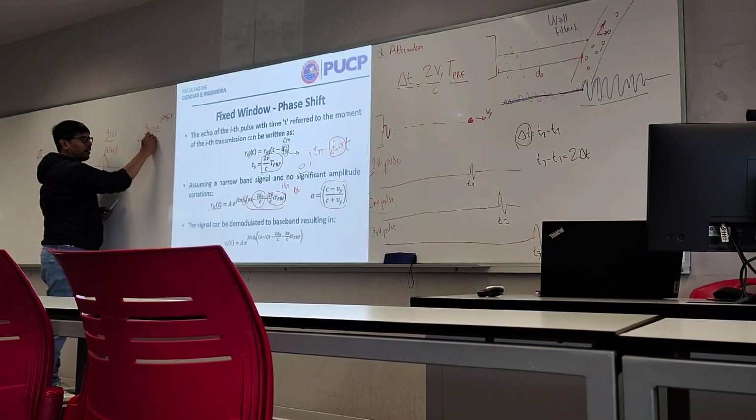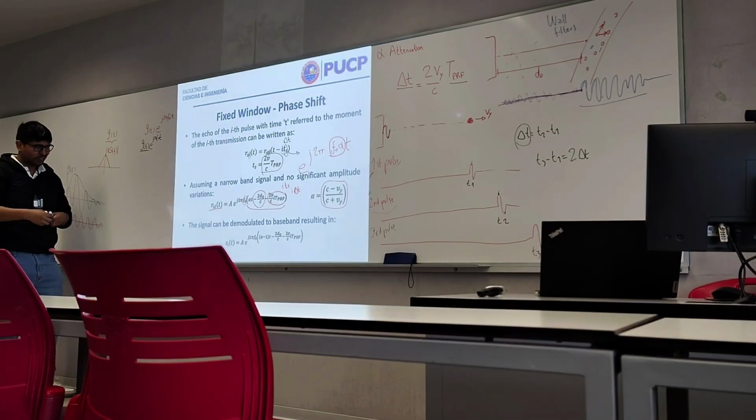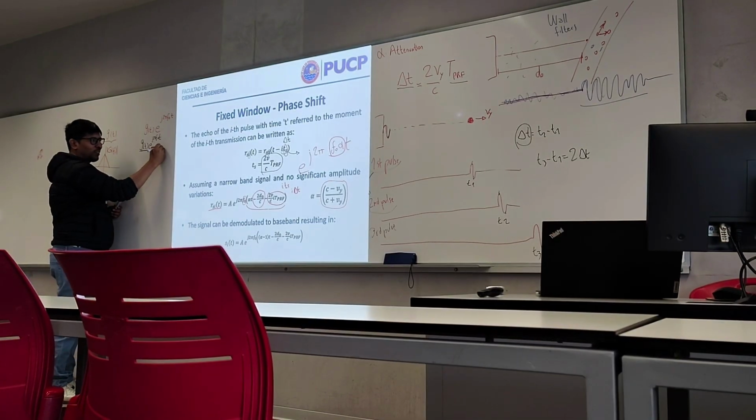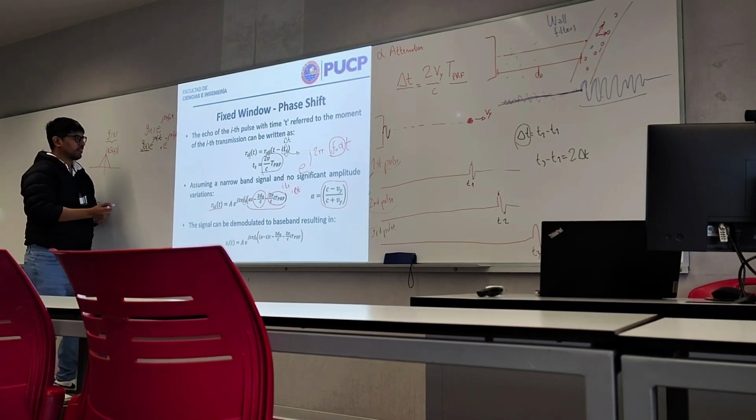If we have this signal and we want to obtain this signal, what can we do? To this signal, we can multiply by another complex exponential with a different sign here. If we multiply that, we obtain this.